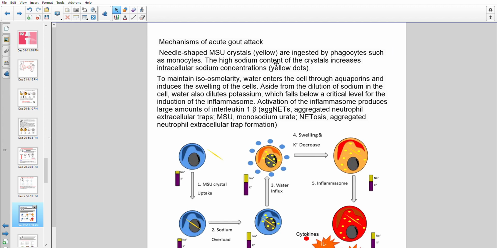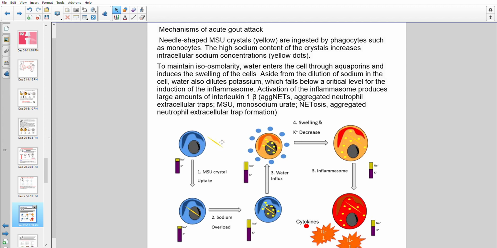The high sodium content of the crystal increases the intracellular sodium concentration. That's the yellow dots there. So, before the crystal goes into the cell, the crystal has the uric acid component, the urate, plus the sodium. That's why it's called monosodium urate.